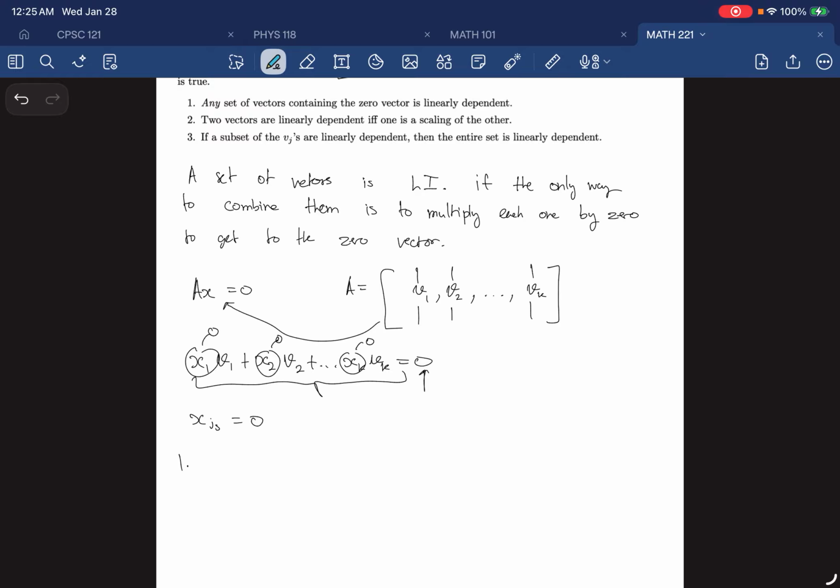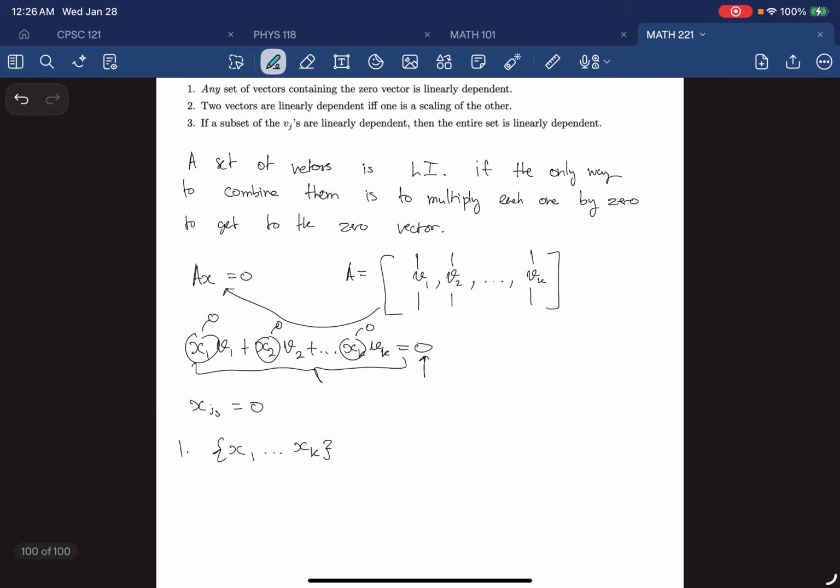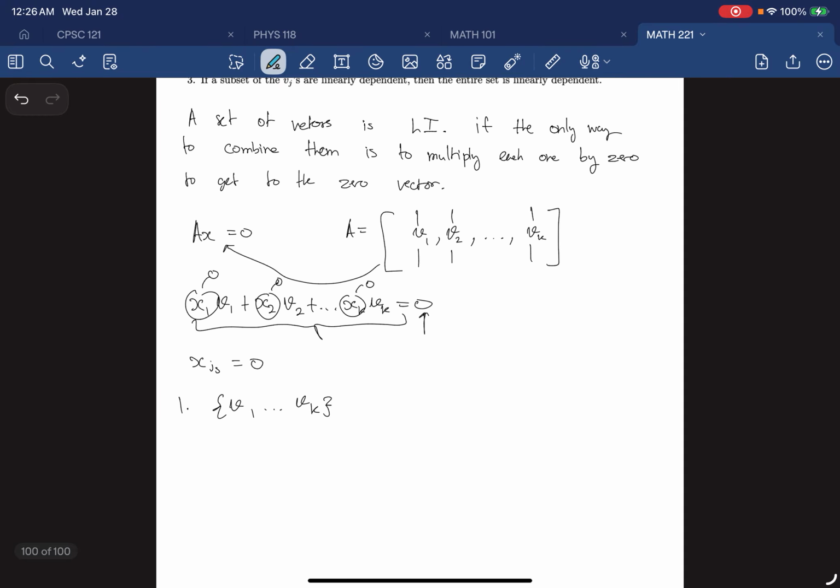Let's have our set of vectors, v1 to vk, and write it out: x1 v1 plus ... xk vk equals 0.